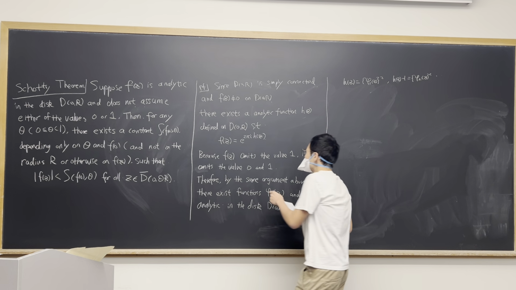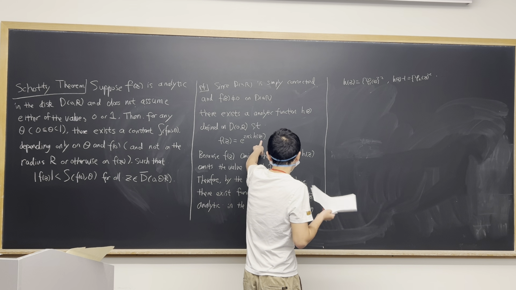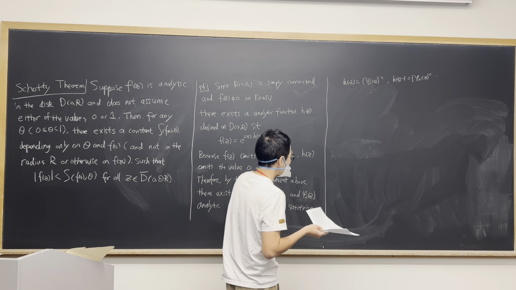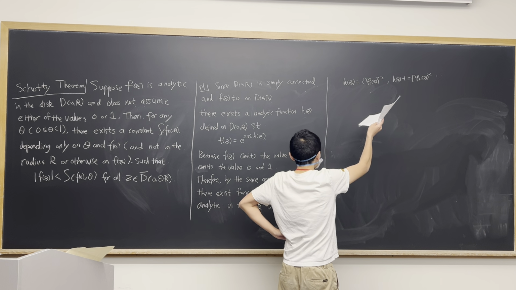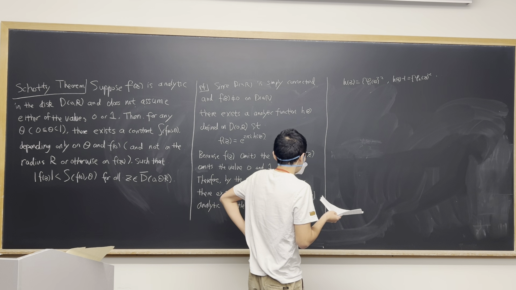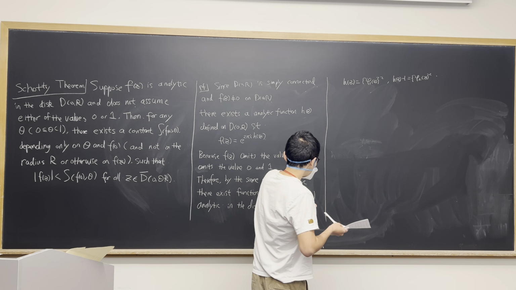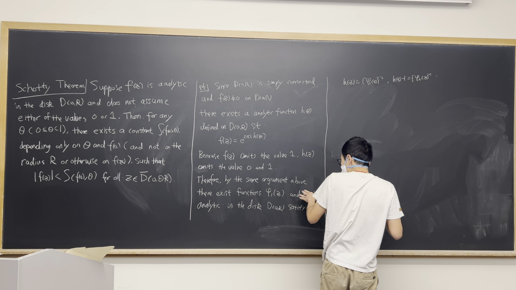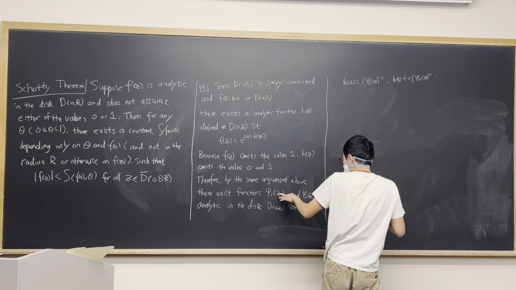Remember that this g can be chosen up to a multiple of 2 pi i, and then these square roots can also be chosen up to a constant, I think it's pi i or something. So just pick any one of them.